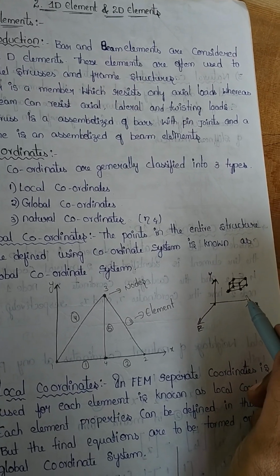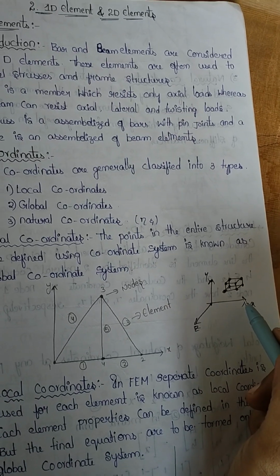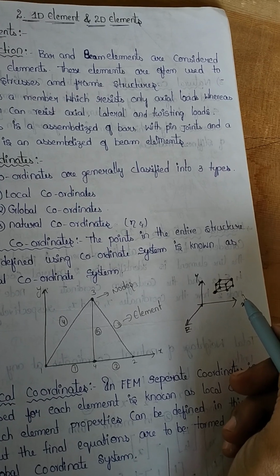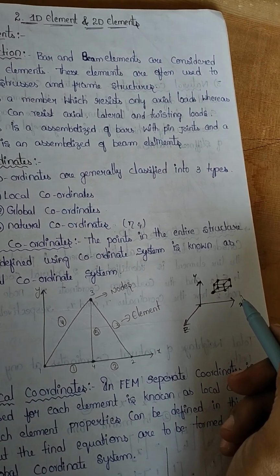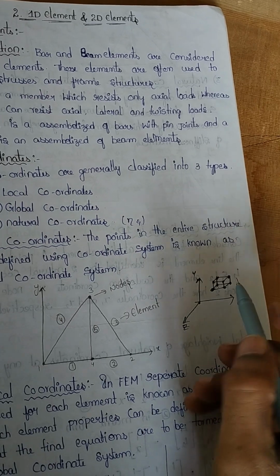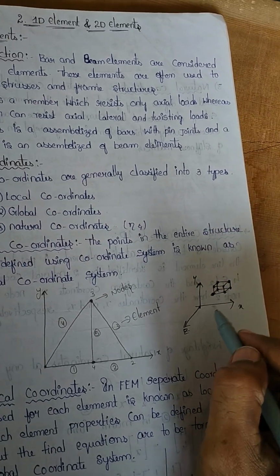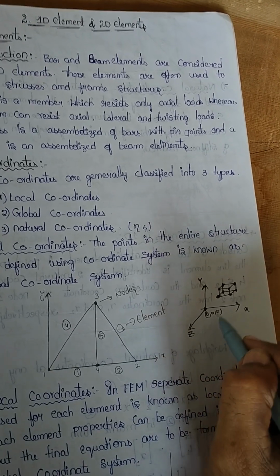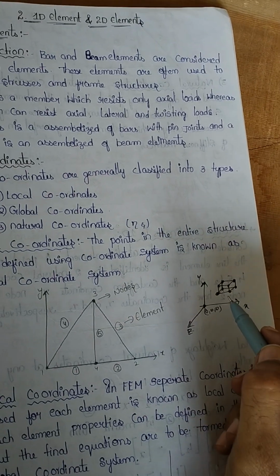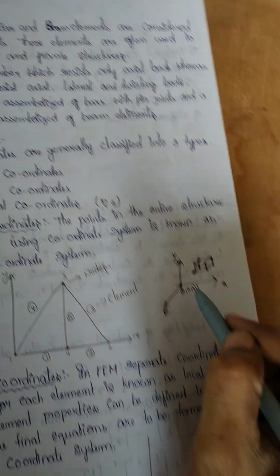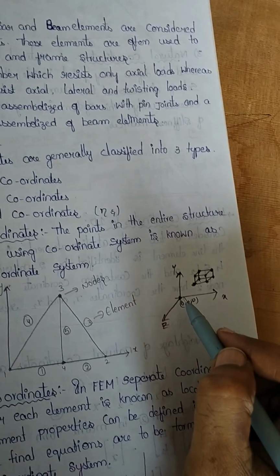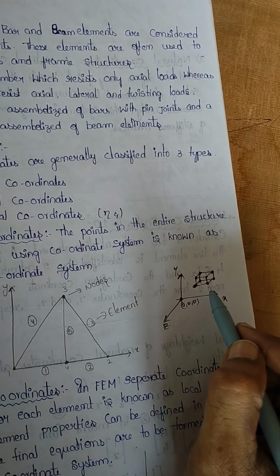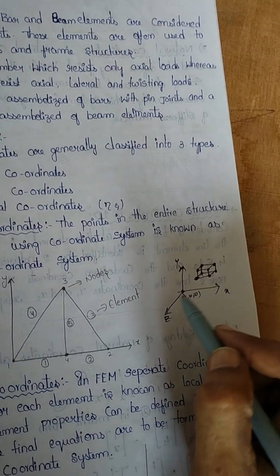Eight nodal points are there for this brick. In order to find the deflections or displacements in this brick when a force is applied, we need a coordinate reference point. For this brick, the reference point will be 0, 0, 0. This origin point will be the reference point with respect to which we place the coordinates for this brick or for a structure. Those are termed as global coordinate system.